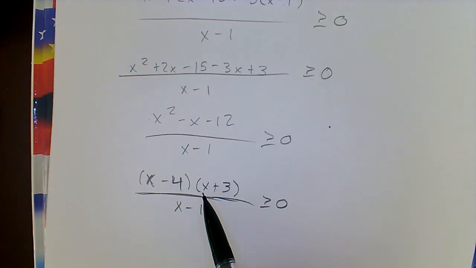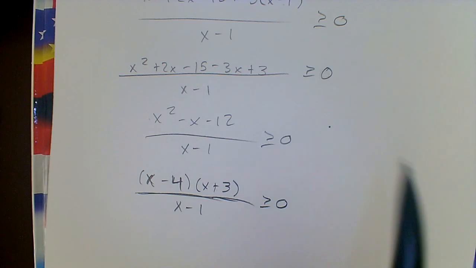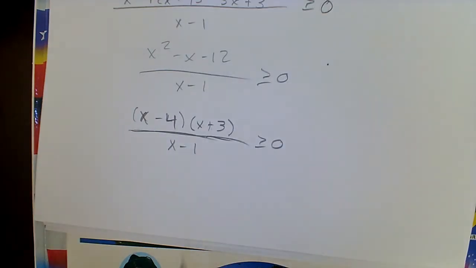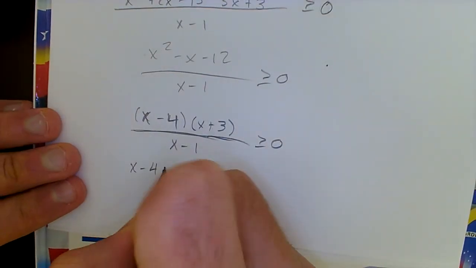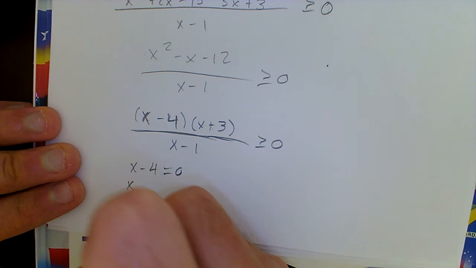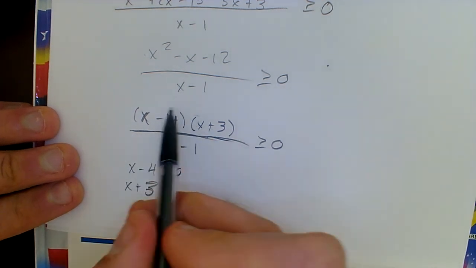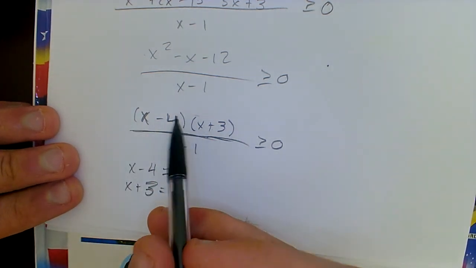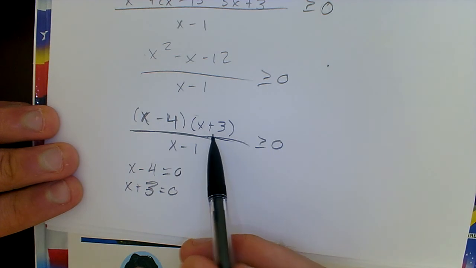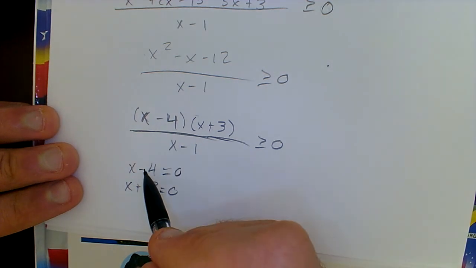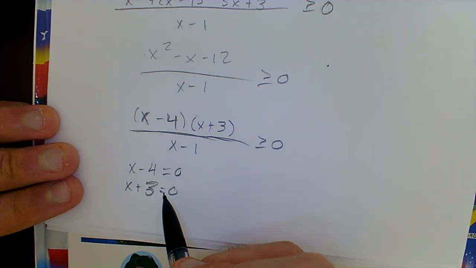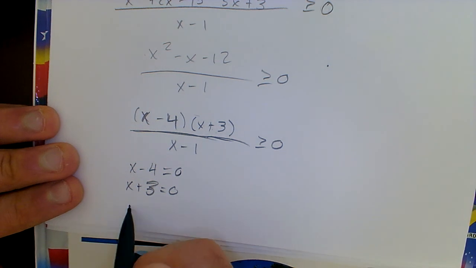Okay, so it turns out you want to set the numerator and the denominator equal to 0 and solve for them in rational inequalities. So we get x minus 4 equal to 0, x plus 3 equal to 0. That comes from setting this whole numerator equal to 0, and when you have a number times another number equal to 0, then either one number is 0 or the other number is 0.